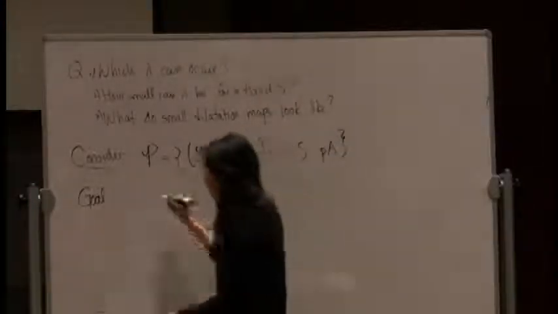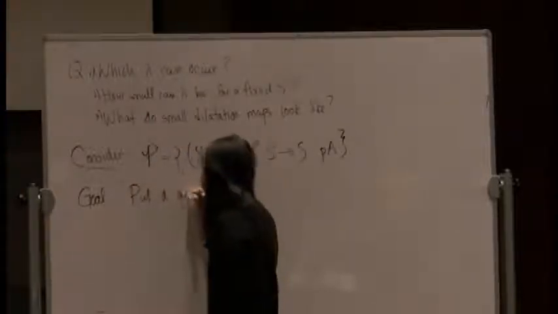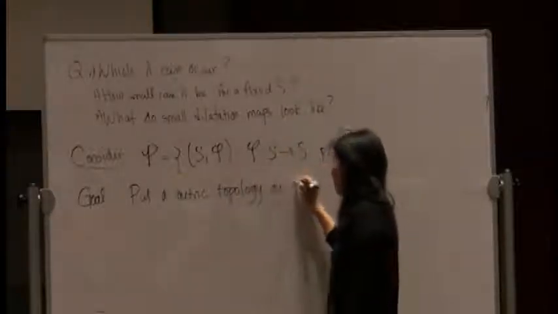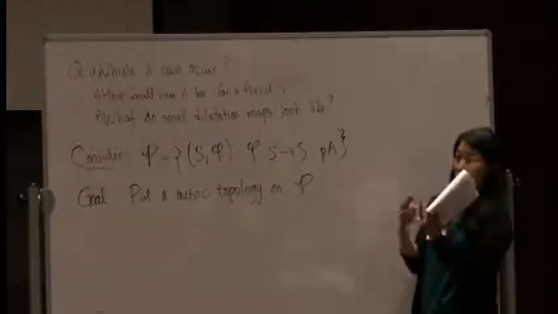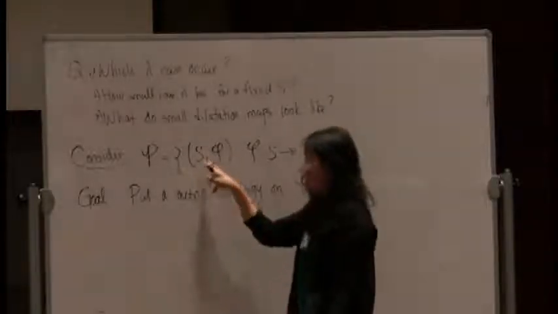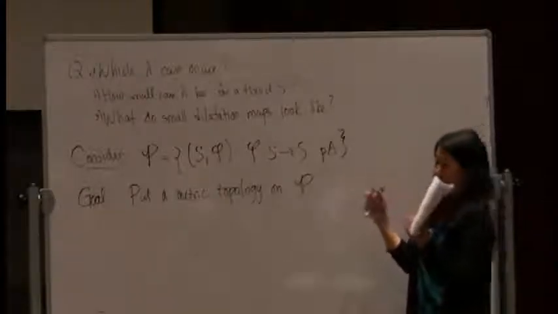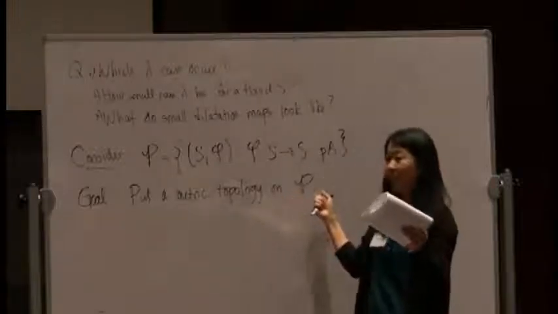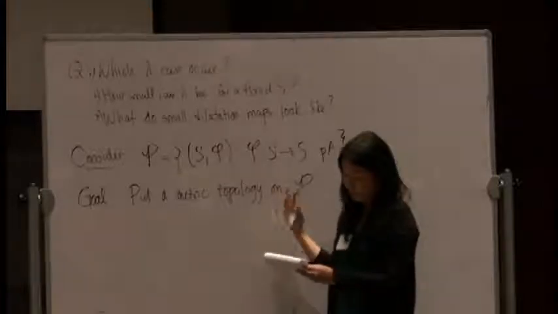The goal is, it will be useful to put a metric topology on P, so you have a notion of when two things are close in terms of their dynamics without fixing S. It's a strange idea: if you want to work on one surface, you have to go to another surface to find something that has similar dynamics. But what I'm going to talk about allows you to do that.